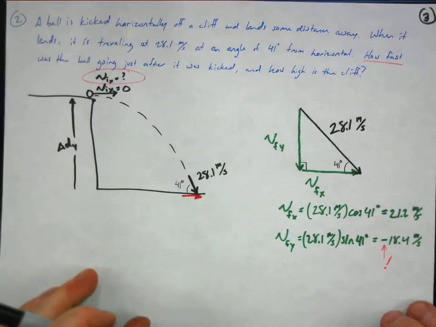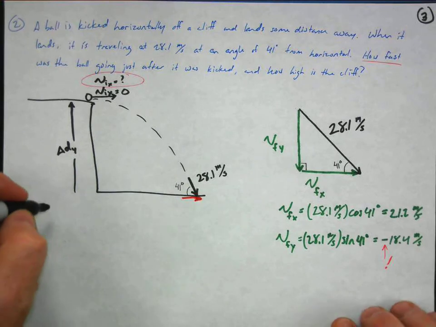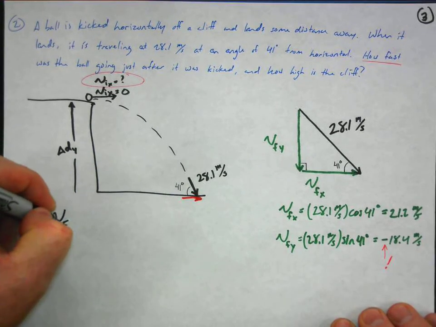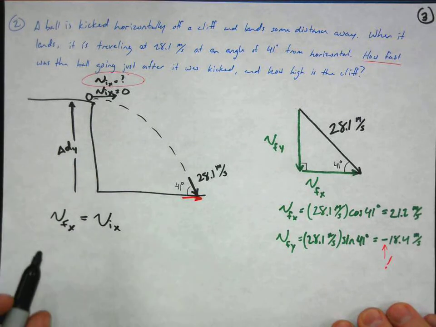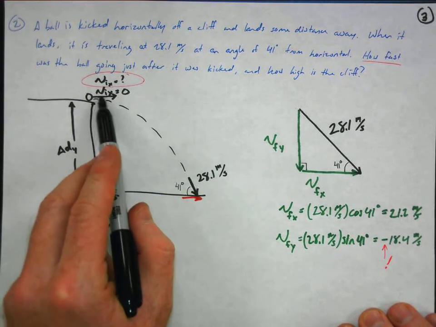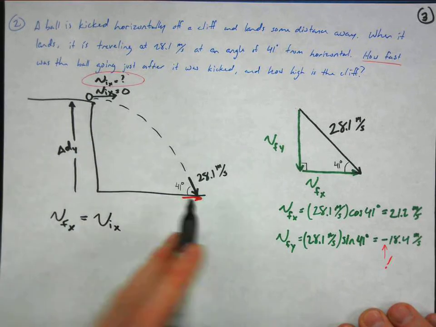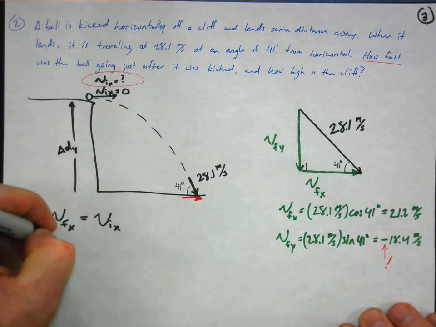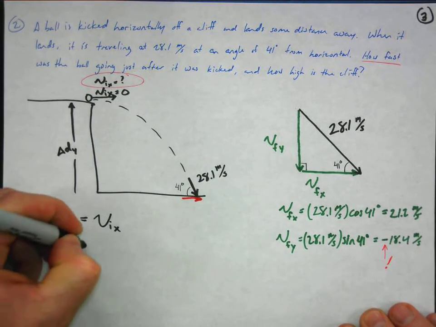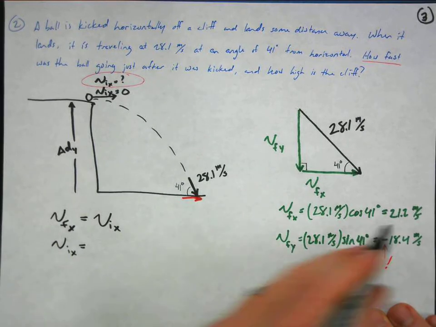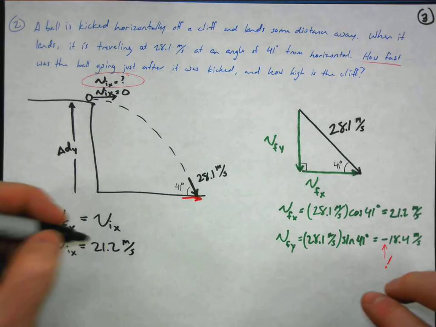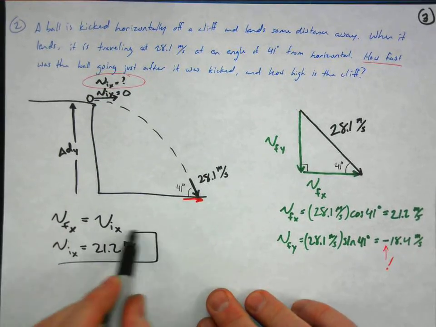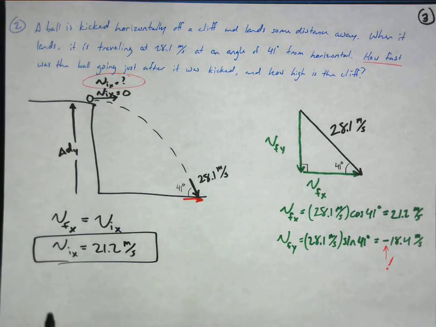There's no acceleration horizontally. So the final velocity in the x direction is going to equal the initial velocity in the x direction. Those two vectors are horizontal, and it would be the same before and after. So the initial velocity in the x direction, I already have the final 21.2. That means I already have the initial. There's the first answer I need.